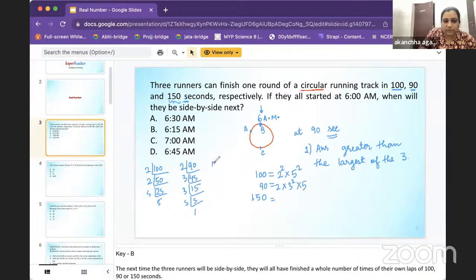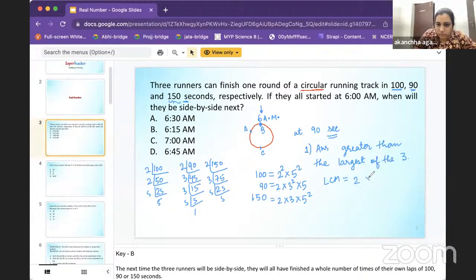And for 150, what will we get? We'll get 2 times 75. This is 3 times 25, and 25 further is 5 times 5. So we are getting 2 times 3 times 5 square. Now, to find the LCM, we should take all the possible factors that we see in any of the numbers.